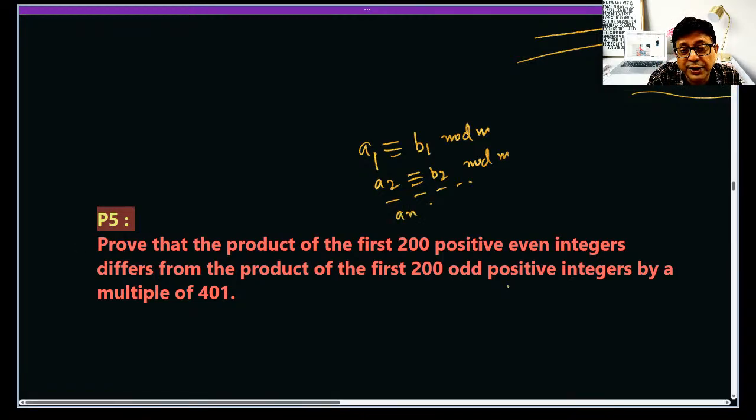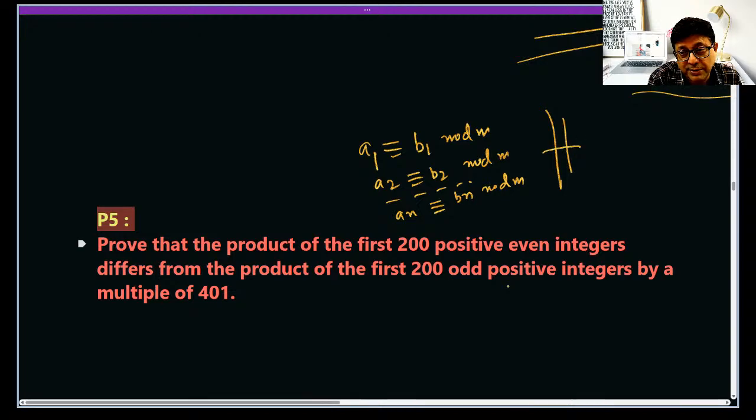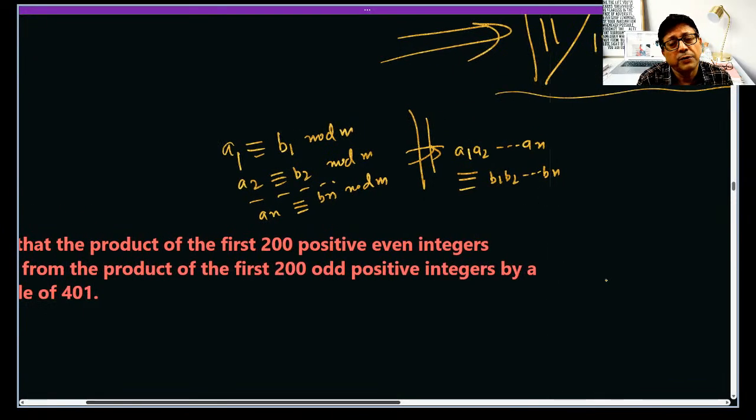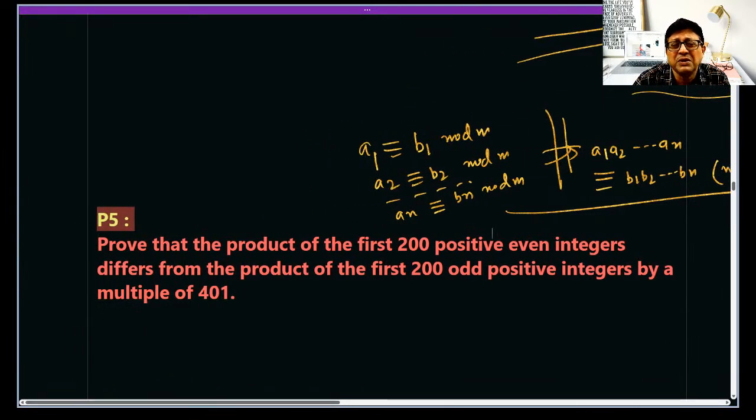This way, suppose An congruent with Bn mod M. So, what does this imply? A1, A2, An congruent with B1, B2, Bn mod M. Okay, for 2 we have proved, for 3, for more it can be proved. Proving is not a problem here. Okay, proving I have showed you, but you don't need, you need application.